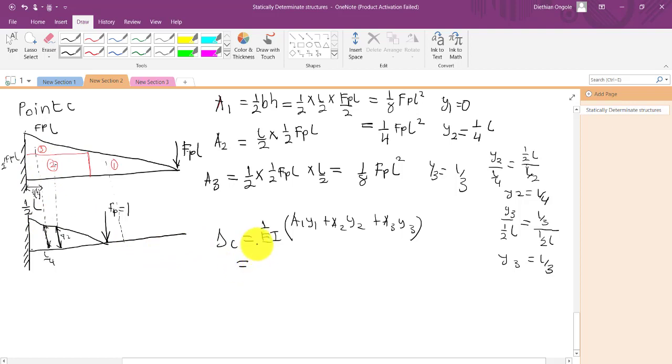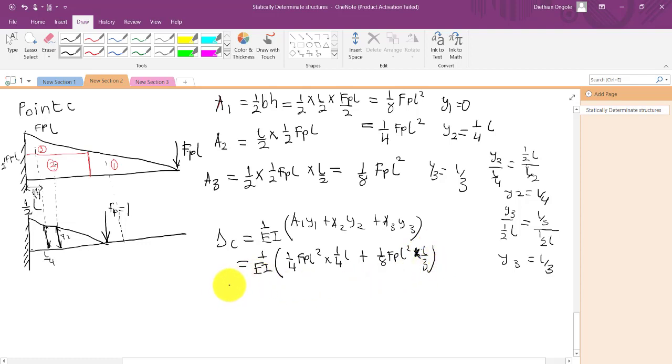So this would be equal to 1 over EI into A1, that would be 1 over 8 FPL times 0, that would be 0. So let's just write from A2. That would be 1 over 4 FPL squared, then times 1 over 4 L, then plus 1 over 8 FPL squared times L over 3.